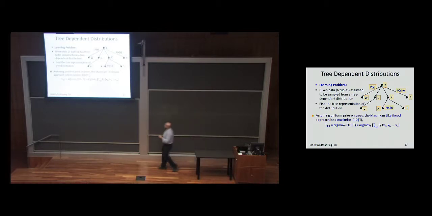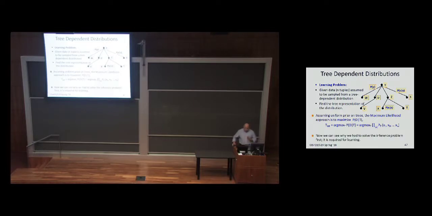This is my notation now. What I mean here is the same thing that I meant here: for this tree, what is the probability of this data point? I'm going to multiply over all data points because I'm assuming that these data points were sampled independently from this tree distribution.